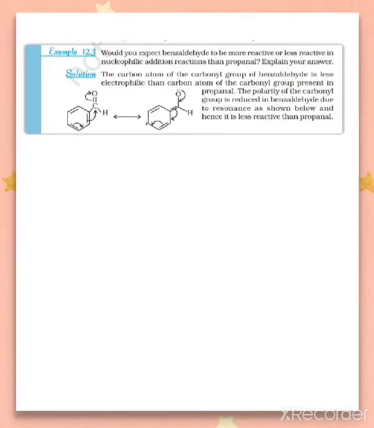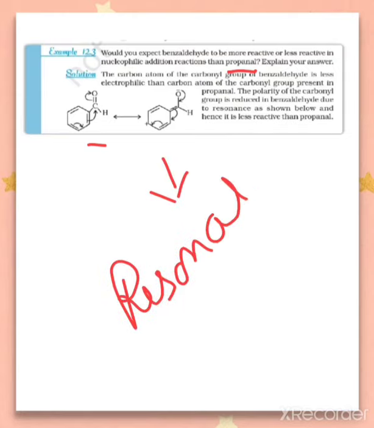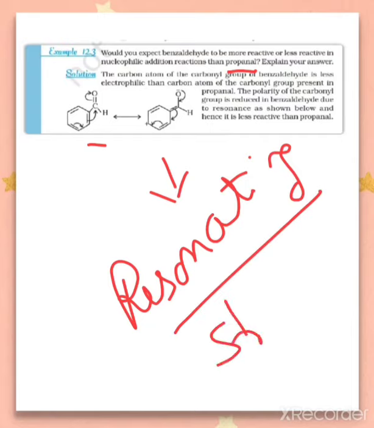That's why we can say that propanal is more reactive than benzaldehyde. So it is better to make the resonating structures here. That will be a more expressive way of answering. Make the resonating structure and explain this.